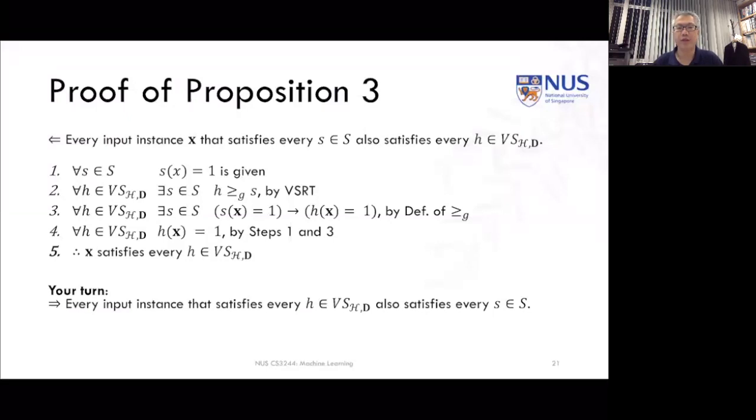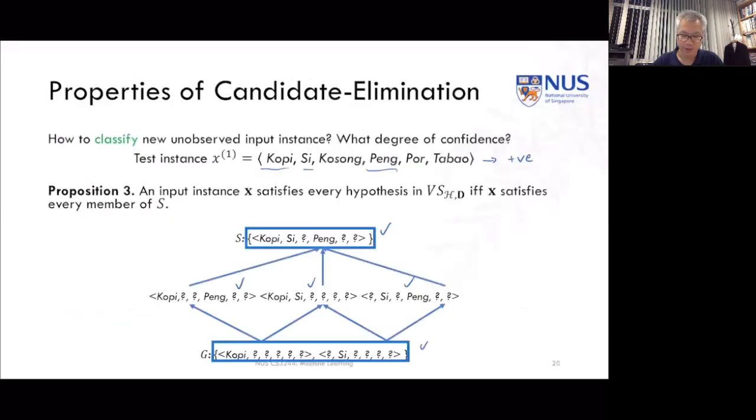One efficient way is to notice that in the version space, if a test instance satisfies every one of the members of the most specific set, then it's going to be unanimously decided as a positive instance by all of the hypotheses in the version space.